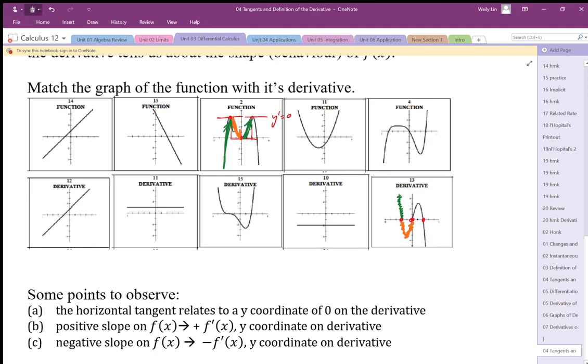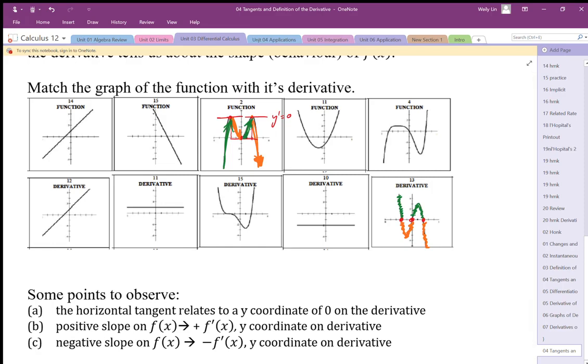Through this section, all that section that had positive slope gave me positive y coordinates. And lastly, it's pointing down all the way through here. All those x coordinates are giving me negative y values, or negative sloping down derivatives.